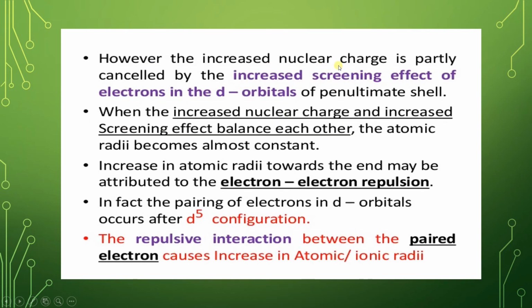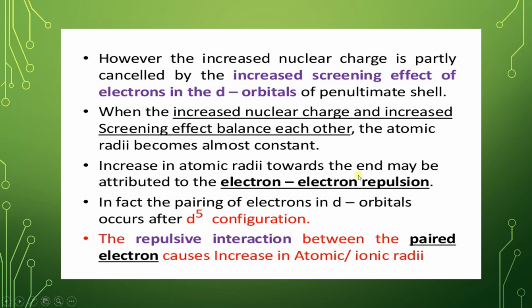However, the increased nuclear charge is partly cancelled by the increased screening effect of electrons in the d orbitals of the penultimate shell. When the increased nuclear charge and increased screening effect balance each other, the atomic radii become almost constant.